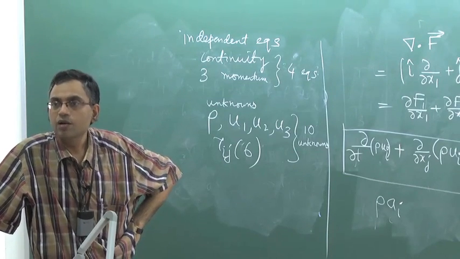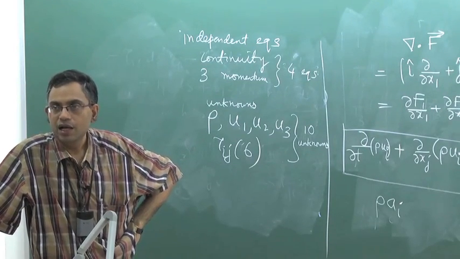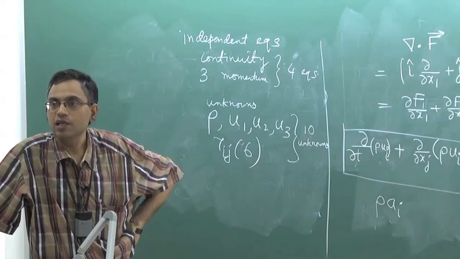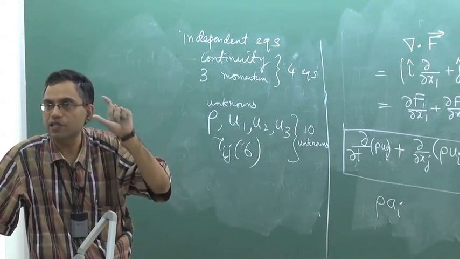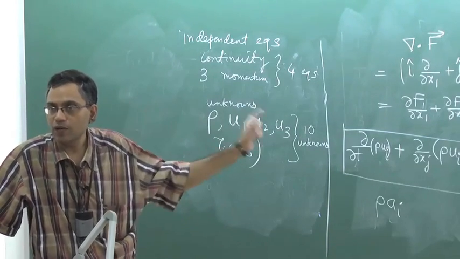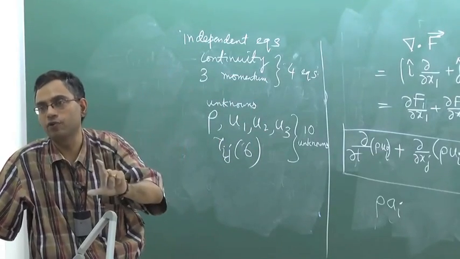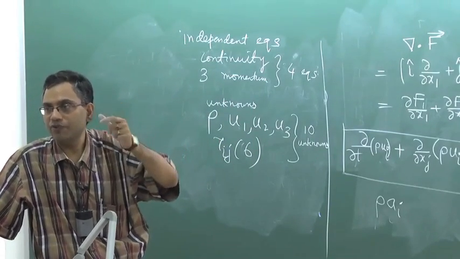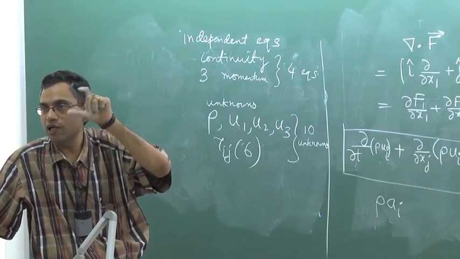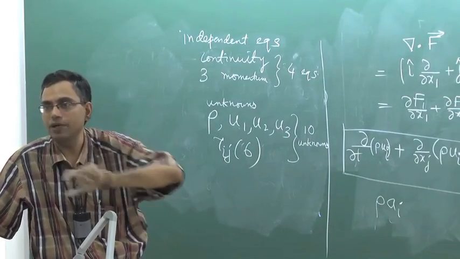So you require further simplification, and for that you need to treat the fluid as a special type of fluid. So far we have treated the fluid as a general fluid, so it can be used for any type of fluid, but to make further simplifications we have to consider fluid by fluid separately.